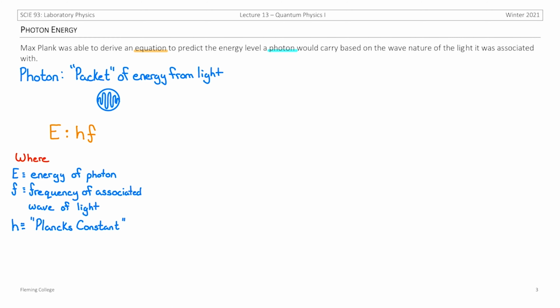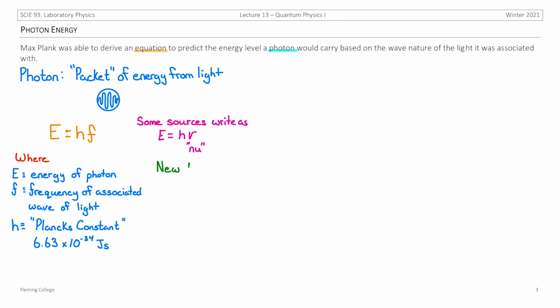For our course, it'll be precise enough to look at Planck's constant as 6.63 times 10 raised to the negative 34, and it brings with it units of joule seconds. I know many of you are reading outside of the course, so some other textbooks represent this equation as E is equal to h times this odd symbol that looks like a V, and it's the Greek letter nu.